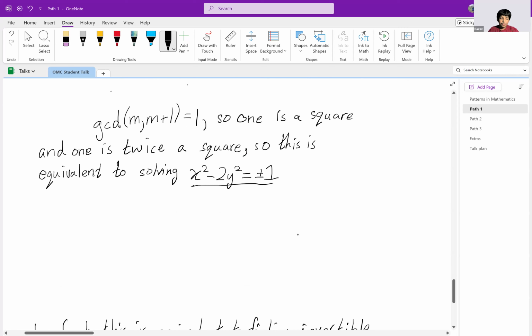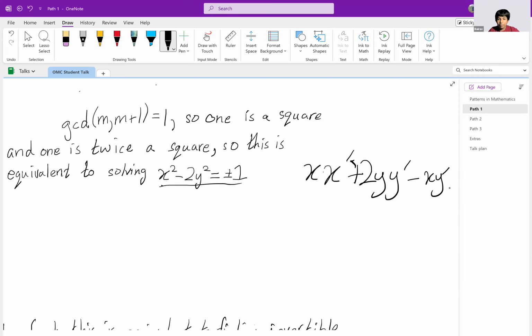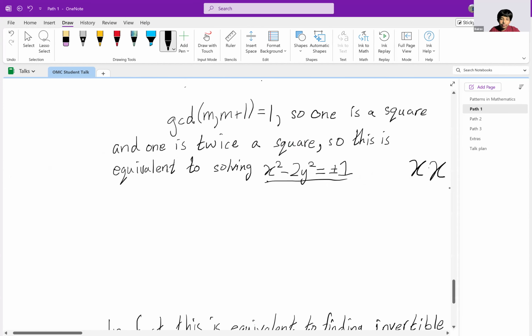But usually we would solve this by doing some strange sort of x plus x prime, y plus 2y prime minus xy prime and such, and we will do that, but we can find something interesting if we are willing to look at the square root of 2.